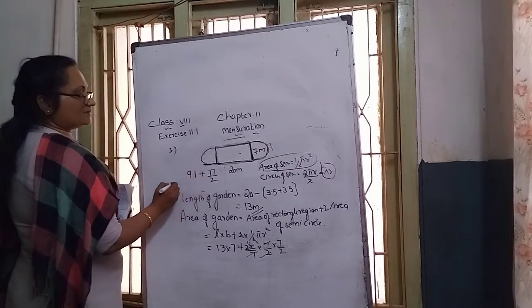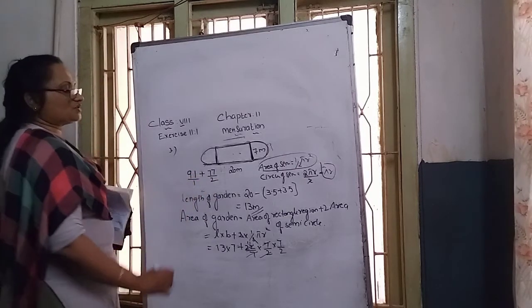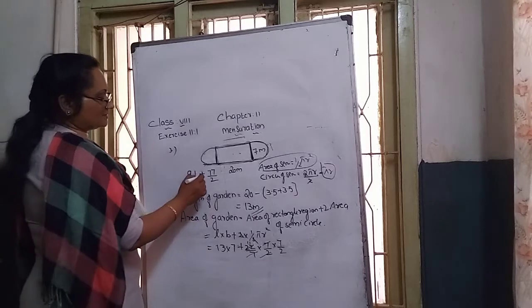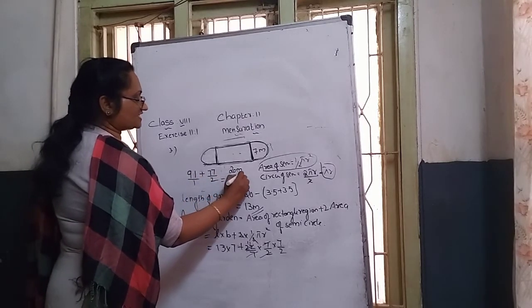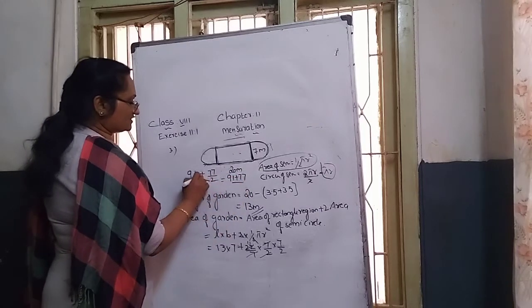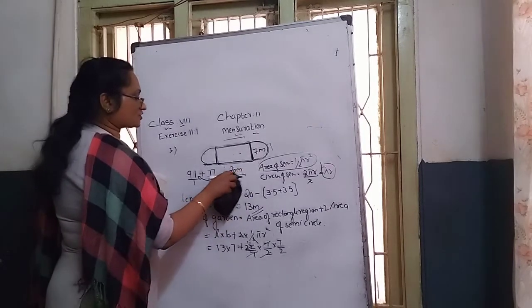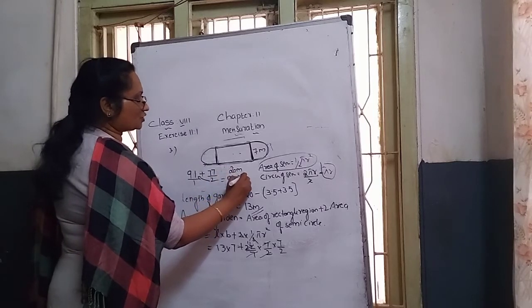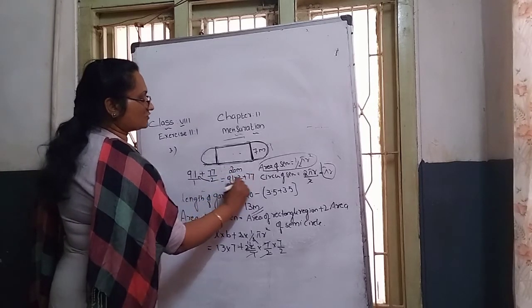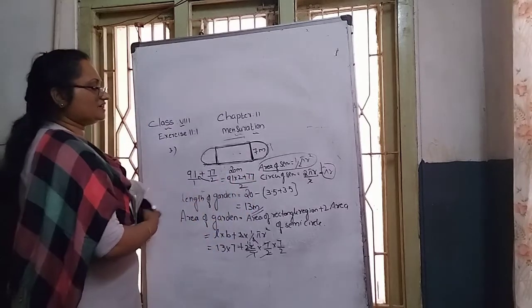One is a whole number, another is a fractional number, so 2 is the LCM. We cross multiply: 91 into 2 plus 77, the whole divided by the LCM 2.